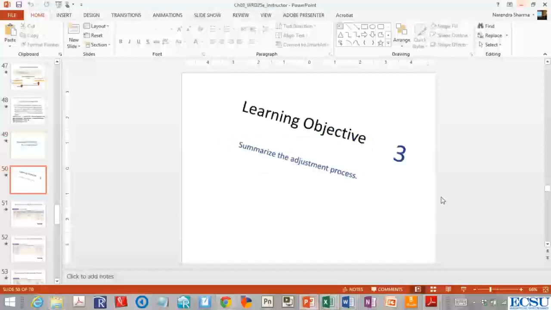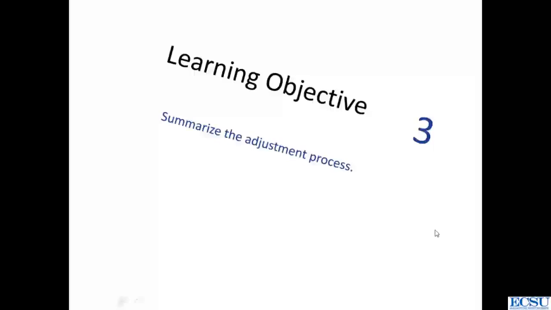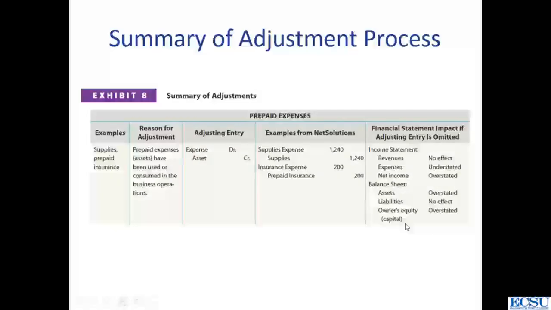Let's continue with the learning objective number 3 of the chapter. It deals with the summarization of the adjusting process. Now the first adjusting entry would be with regards to prepaid expenses. An example is supplies, prepaid insurance, or prepaid rent.